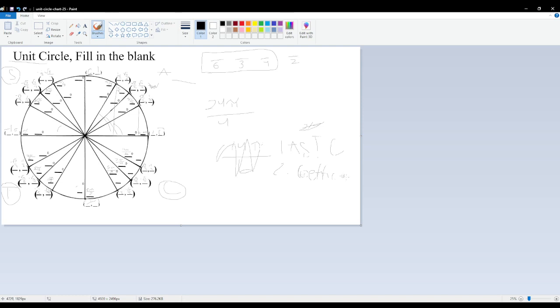Step 3: learn your coordinates, the coordinates of the first 3, because once you learn those 3, you can just translate that to any of the other ones.